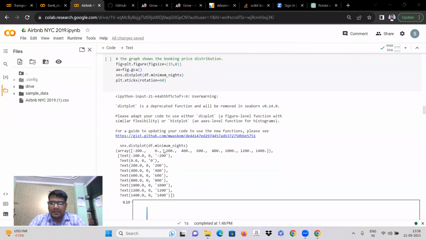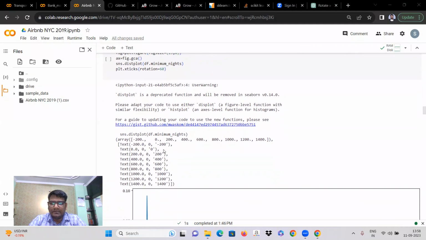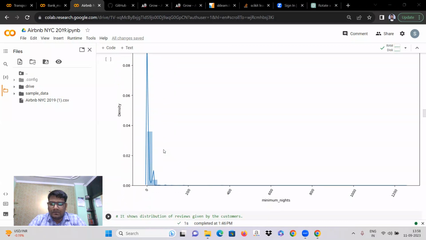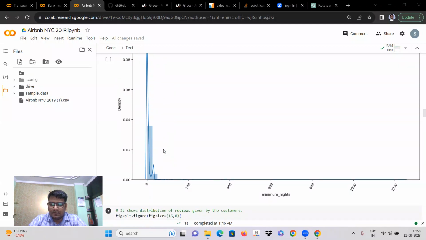Moving further, we see the minimum number of nights that customers have used these accommodations, hotels or residences. So yes, customers have mostly stayed in an accommodation for less than 20 days.